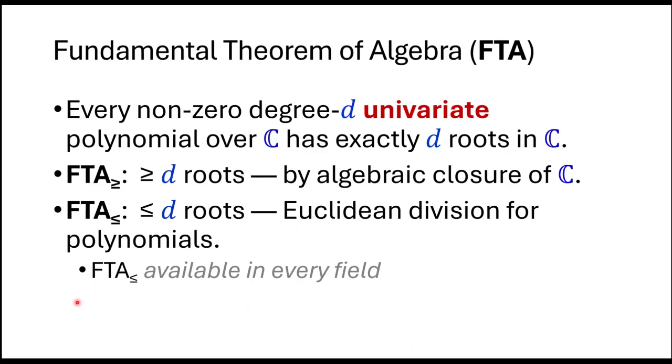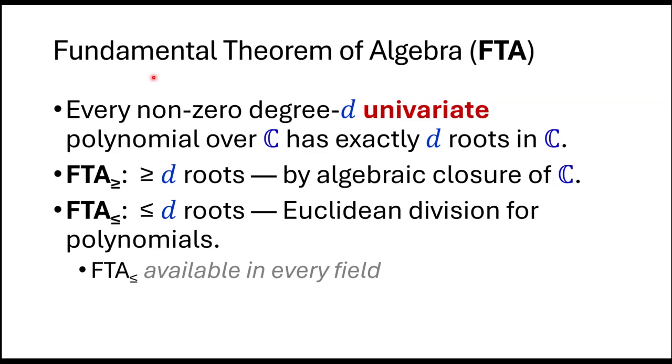Now, another thing that we shall need and use in this work is the fundamental theorem of algebra, FTA. Just to recap this theorem: in some sense, it is the Schwartz-Zippel version with one variable.